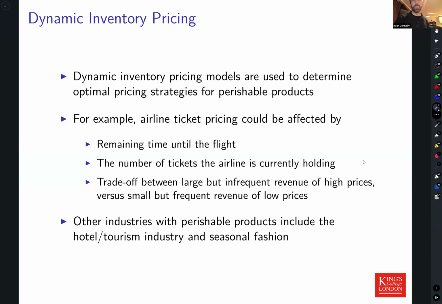But if you're selling things less frequently, then this is going to cause a trade-off so that prices aren't going to be extremely large. So other industries where these types of models are relevant are in hotel and tourism industry areas and in seasonal fashion.